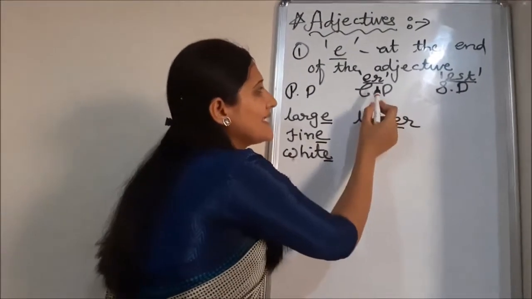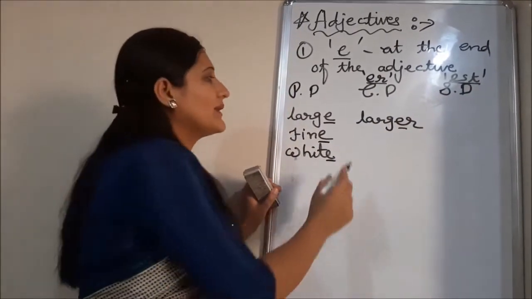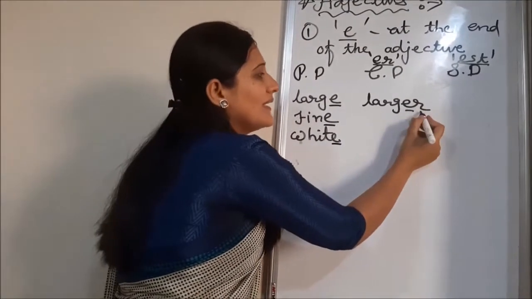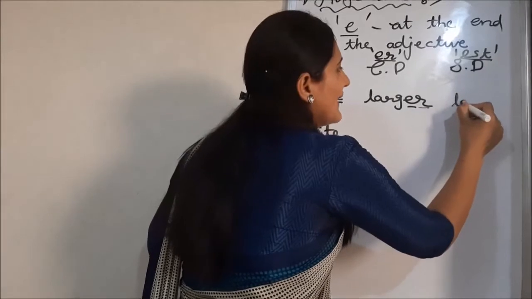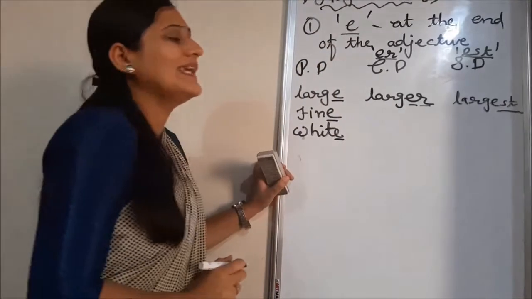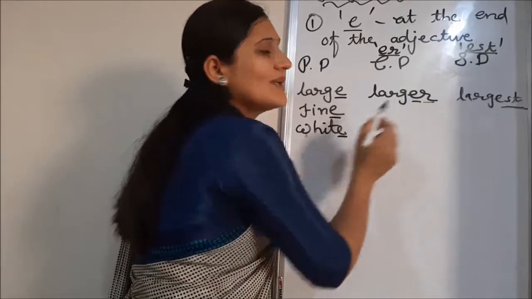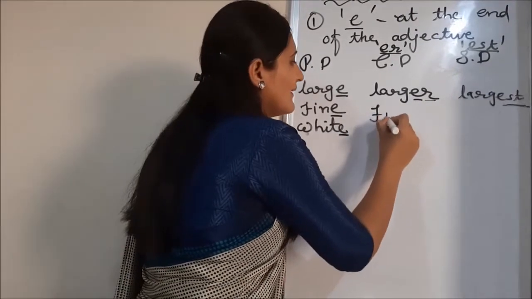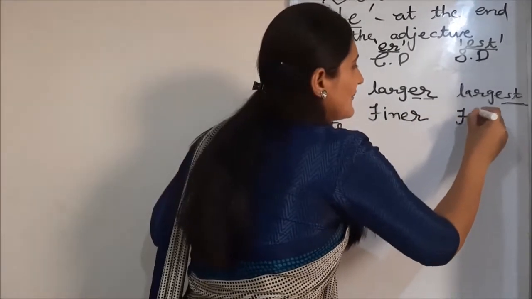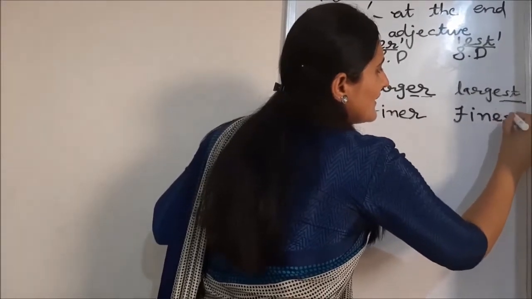So here, as I told you, ER you need to add in comparative and EST in superlative. But if E itself is last, then we will add only R, and here we will add only ST. Fine, then finer, finest.